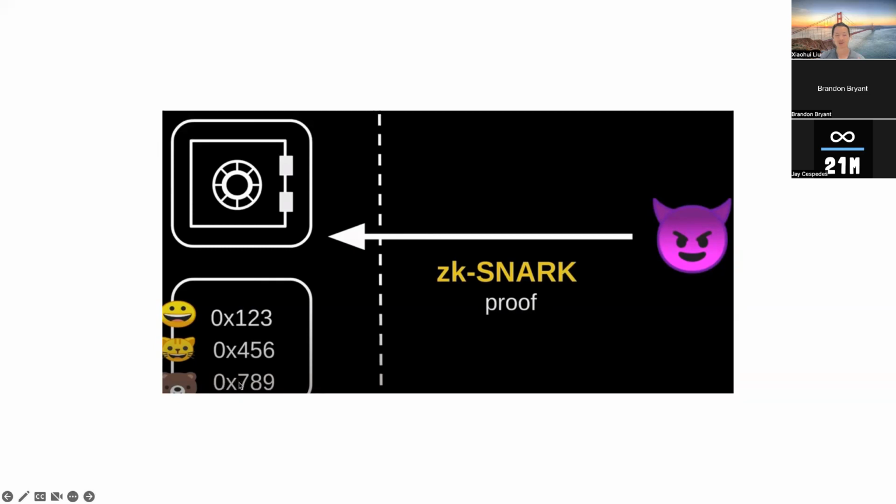That's a problem. You can pretty much replay it, right? I can just keep getting cash out of this, and that's not good. So that's why we need another mechanism, almost like a flag saying which one of these has been withdrawn, but at the same time, we cannot identify it.